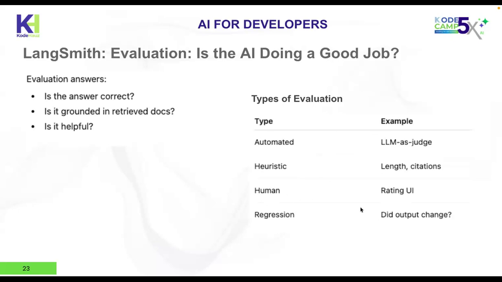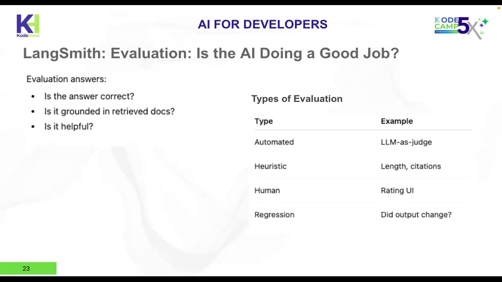There are four different types of evaluation, which we'll look at when we come on Thursday, but this is just a preview. You have automated evaluation, where you use the LLM to judge whether it did well or not. You have heuristic, where you manually write the checks, and LangChain provides a way to do that. Then you have human, where you yourself or your users can rate and decide.